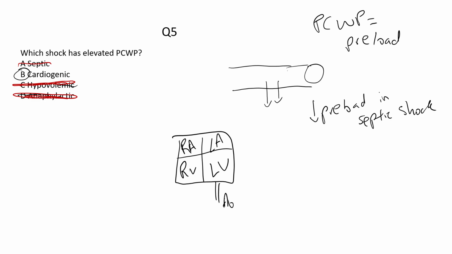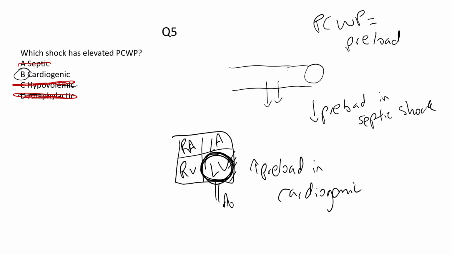If you have wall damage, your heart cannot pump effectively, meaning all the blood gets pooled over here. If all the blood gets pooled over here, you have an increased preload, essentially, in cardiogenic shock, okay? And that's why it's the answer.